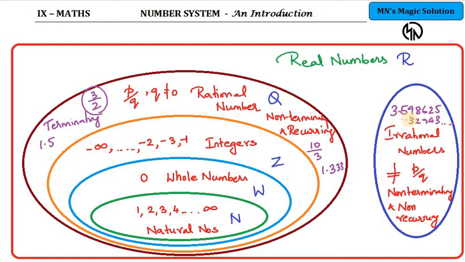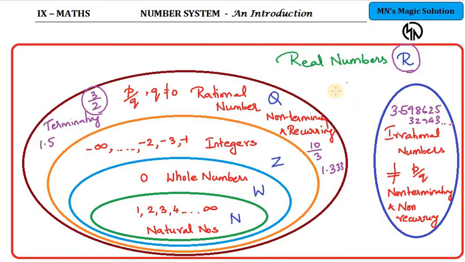So if there is a non-terminating and non-recurring expansion like this, it cannot be expressed of the form P by Q. Therefore, such numbers are called irrational numbers. A rational number is one in P by Q format; which cannot be expressed of the form P by Q, then they are irrational numbers. And this entire set of numbers known to us is categorized as real numbers. And real numbers is denoted by capital R.